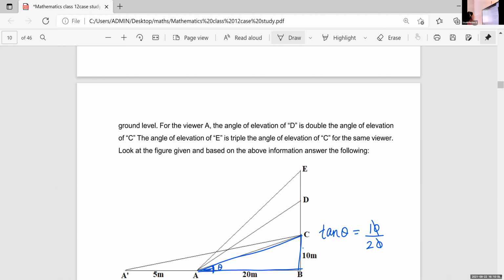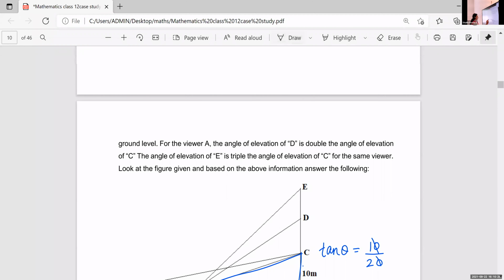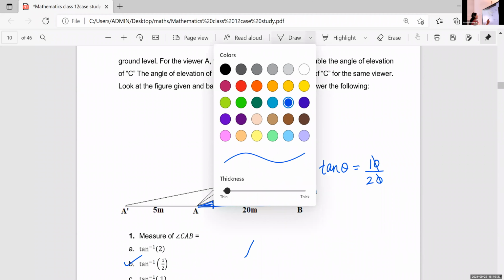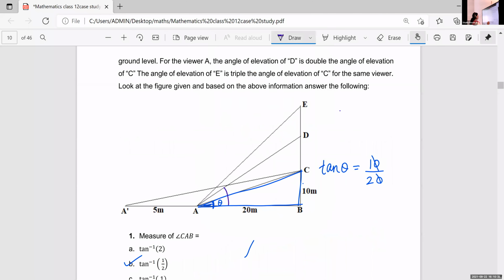For the viewer A, the angle of elevation of B is double the angle of elevation of C. So if this is theta, for C, what will be the angle of elevation? It is given as 2 theta, isn't it? Angle of elevation is given as double.